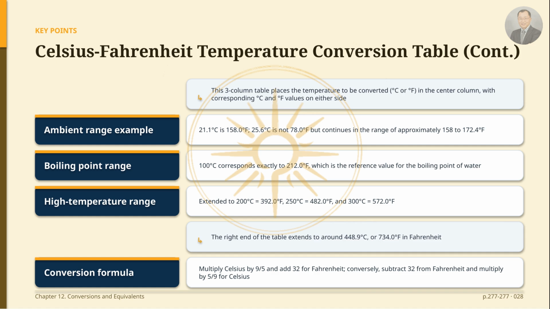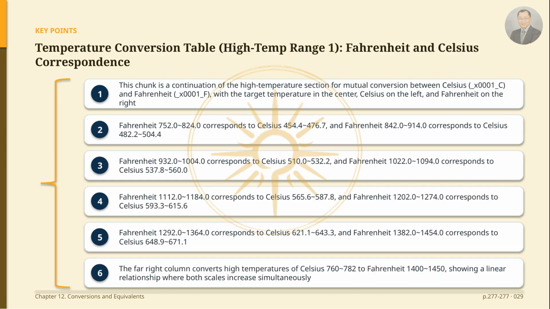Please look up the other detailed figures in the table as needed. For values not listed, you can calculate them precisely using the formula of multiplying Celsius by 9/5 and adding 32.